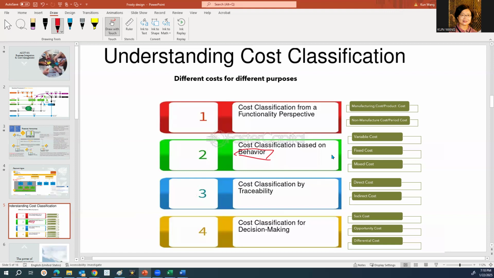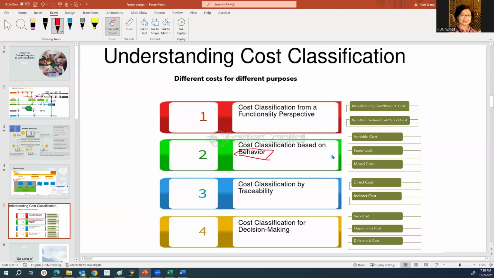So we need to reduce it to a reasonable number of cost drivers or cost pools so we can analyze the cost data practically, okay, rather than spreading too much on the cost drivers. And this part we'll talk more when we go over the ABC, activity-based costing, in chapter 5.